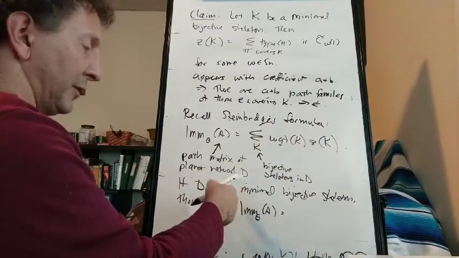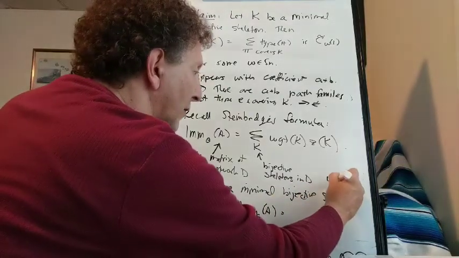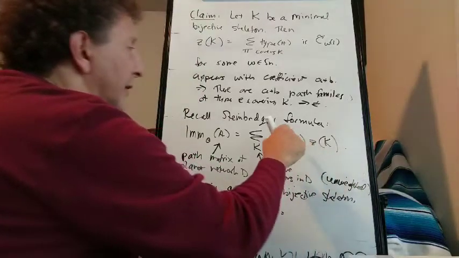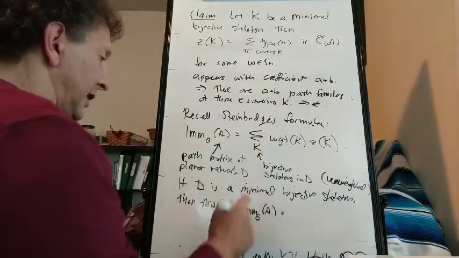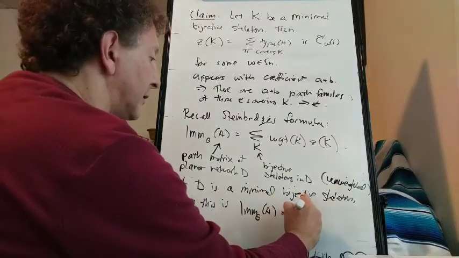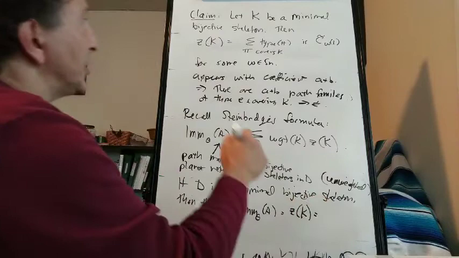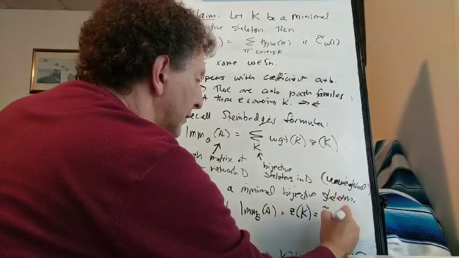And if this is an unweighted minimal bijective skeleton, then this weight is just 1, and then the immanant is just Z of K, which we know is a Kazhdan-Lusztig basis element.